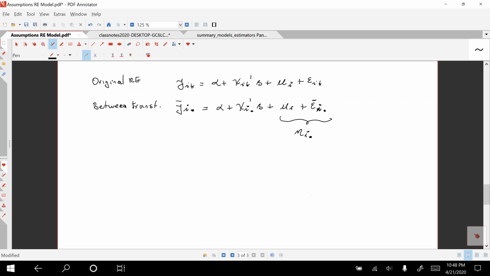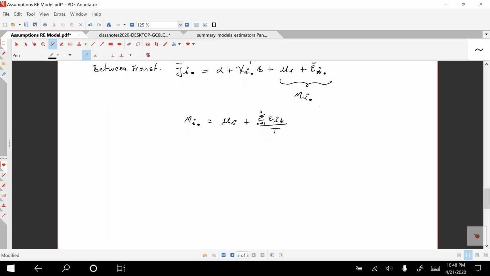So let's write it down. Let's decompose that error, so that's going to be equal to mu_i plus the average of those error terms, the sum of e_it divided by T. So remember, that's by definition e_i dot bar, and then the variance of eta_i dot is going to be equal to the sum of the variances.